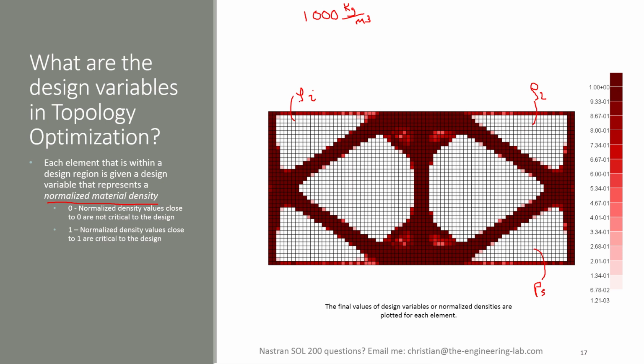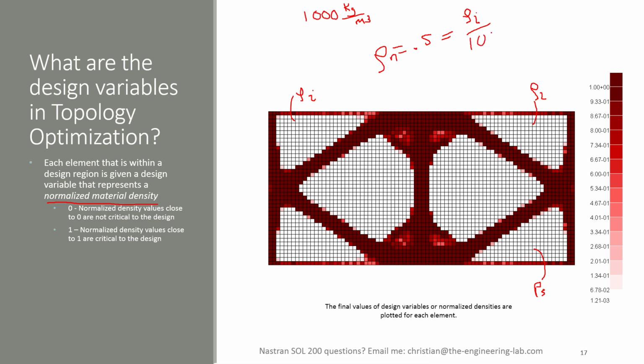Now, how is this density that's in units of kilograms per meter cubed, or density units, related to a normalized material density? So we'll go ahead and let rho n represent a normalized material density. We'll say that it's equal to 0.5. Now, how is this related? Here at the top, we have the normalized material density for this element.